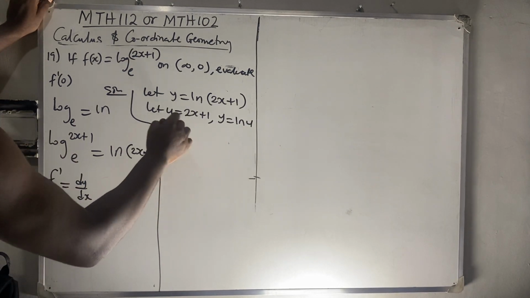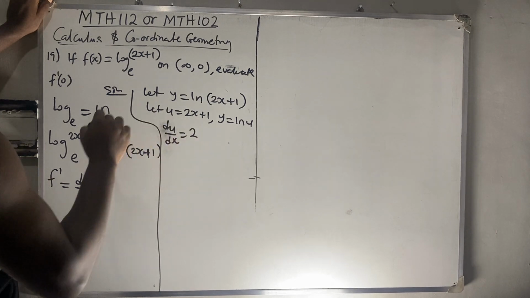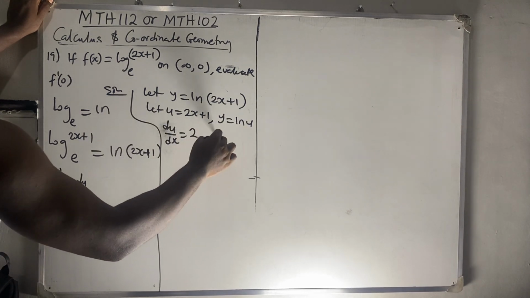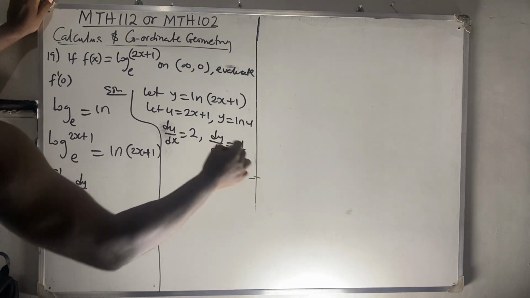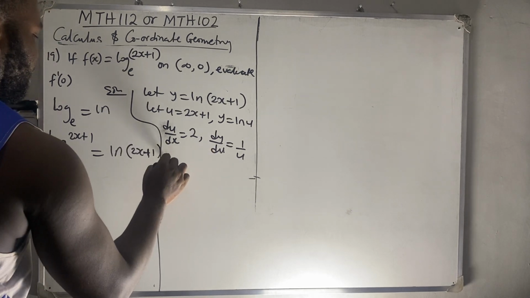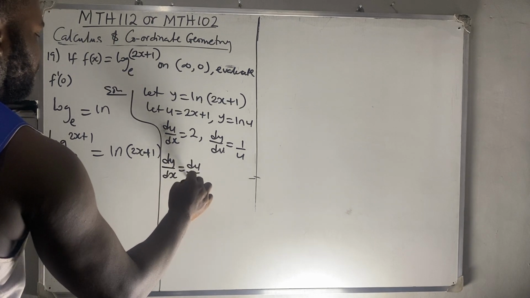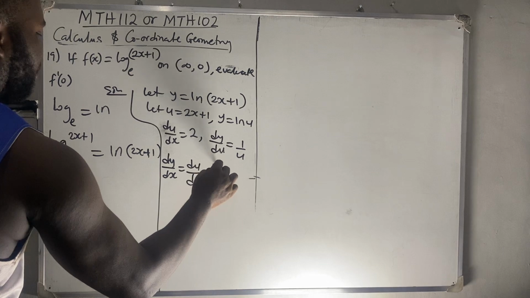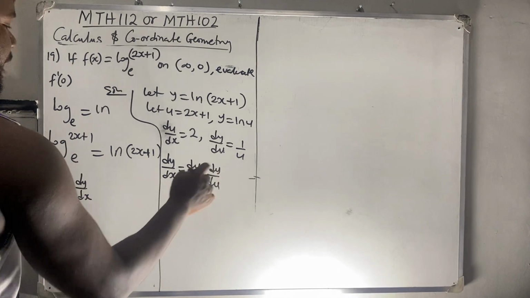So du/dx is equal to 2, and dy/du is 1 over u, because differentiation of ln x is 1 over x. So dy/dx is equal to du/dx multiplied by dy/du, so that the u cancels the u and I get back my dy/dx.